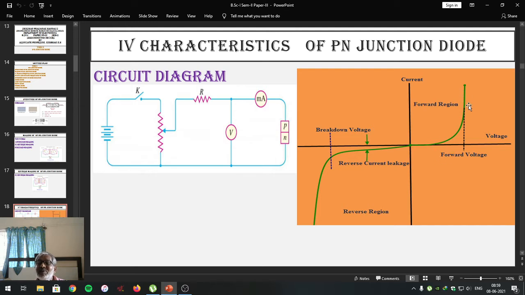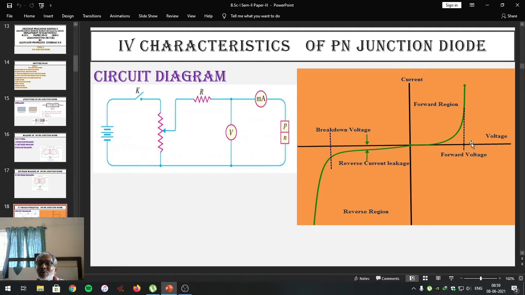This current increases because at this particular voltage, the barrier potential is reduced, the depletion layer width is reduced, the junction resistance is reduced, and that's why majority charge carriers start flowing from one region into another, allowing the current to increase suddenly.